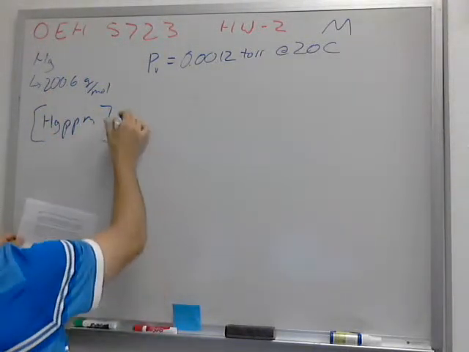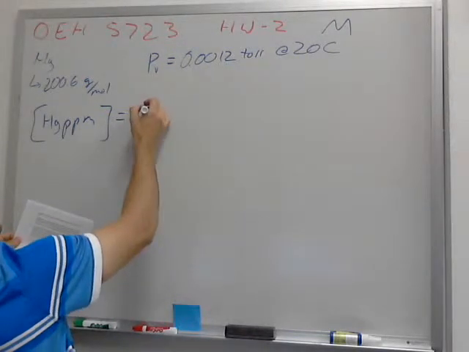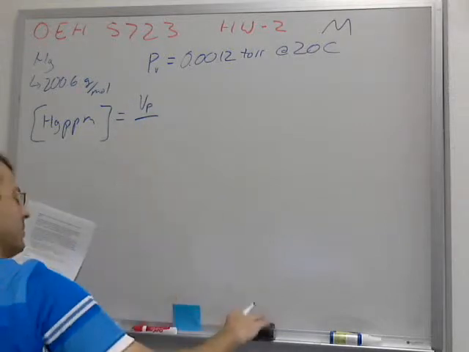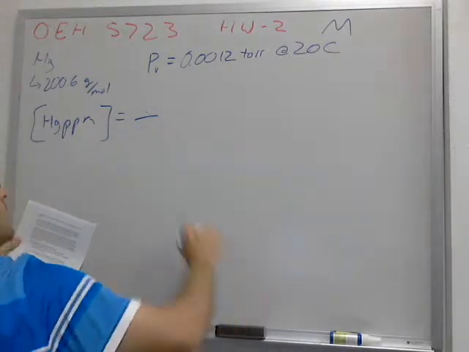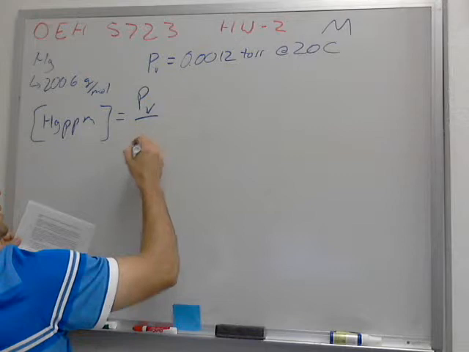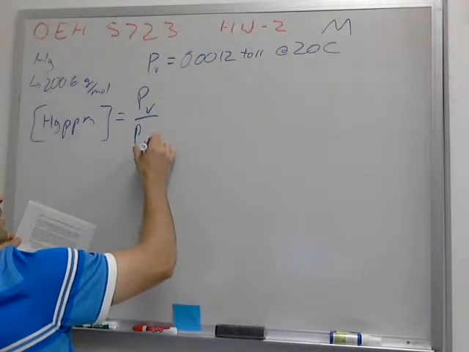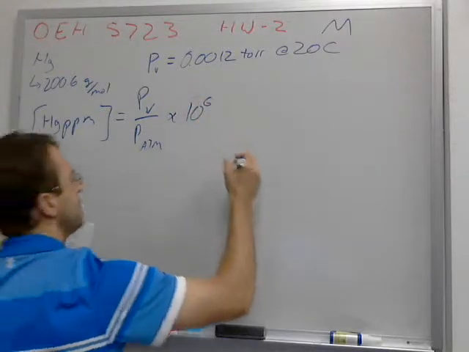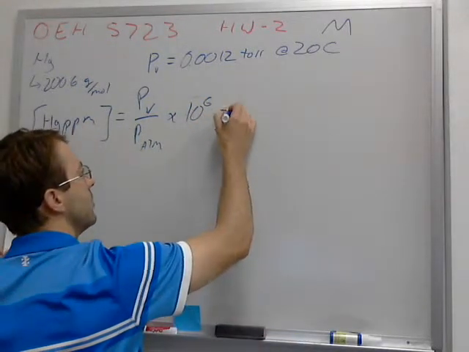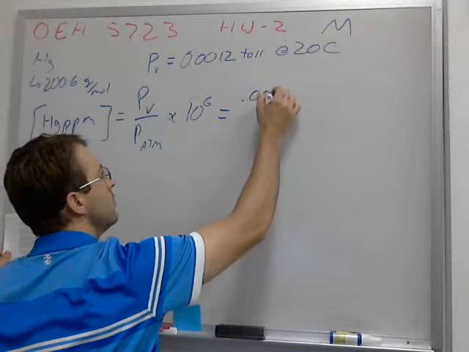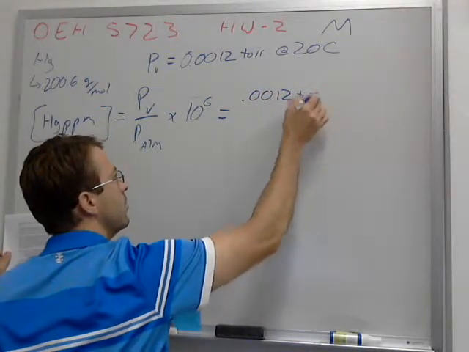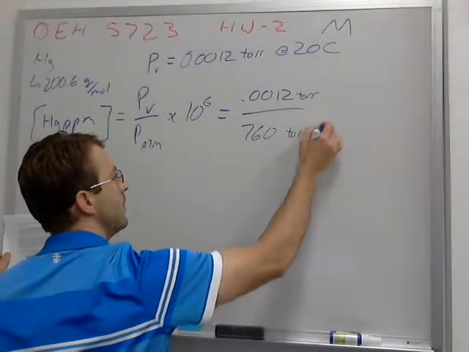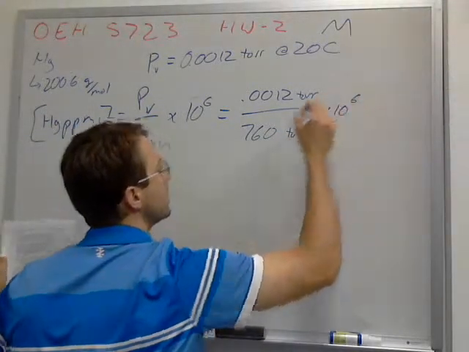Our ppm of mercury is going to be equal to our pressure of vapor divided by pressure of atmosphere times 1,000,000. Right? So this equals 0.0012 torr divided by 760 torr times 10 to the 6, which is 1,000,000.